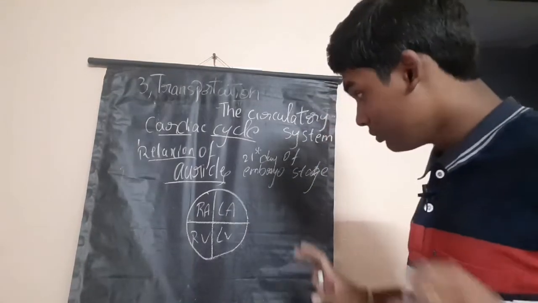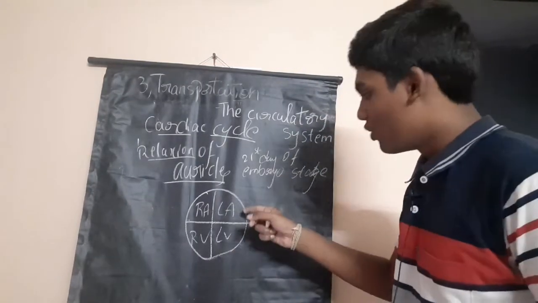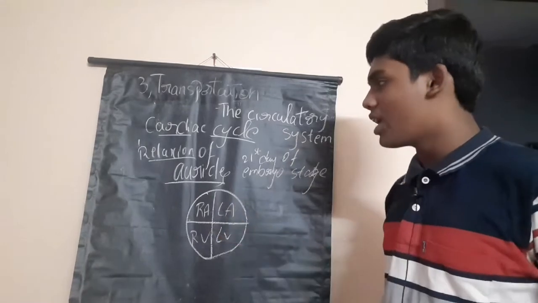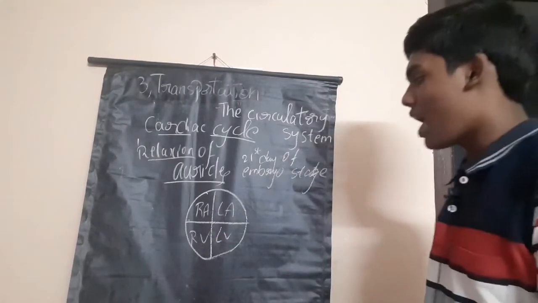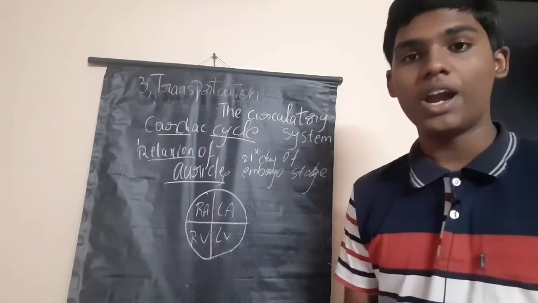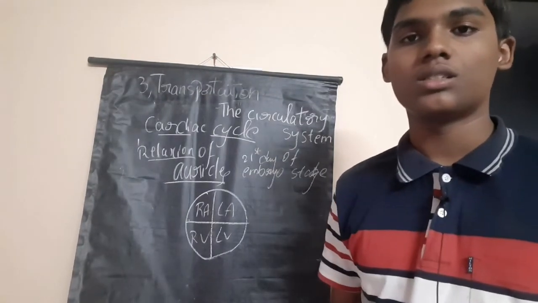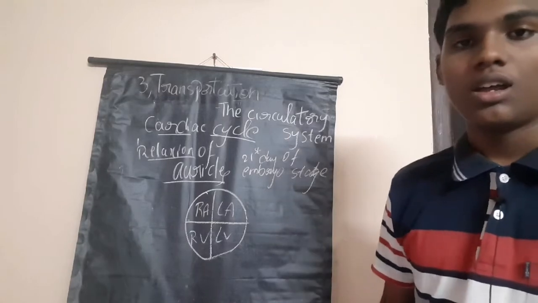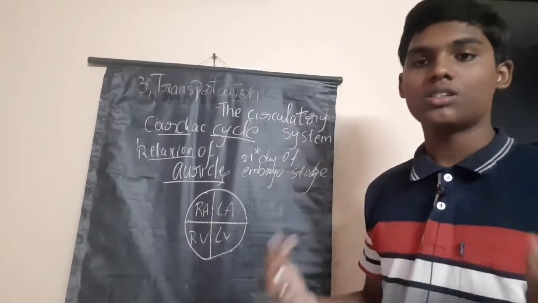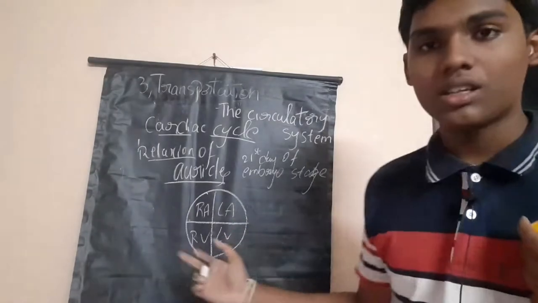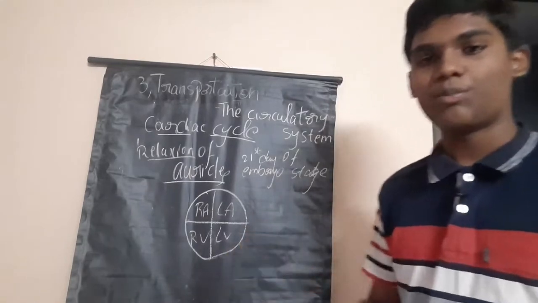Listen carefully. When the 2 auricles relax, the blood from the body parts reaches the auricles, the right auricle and left auricle.